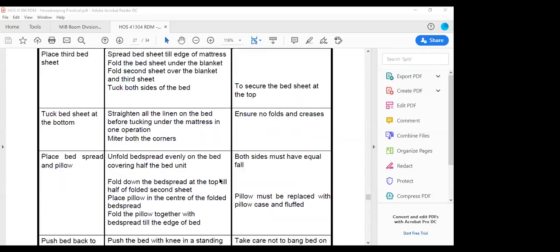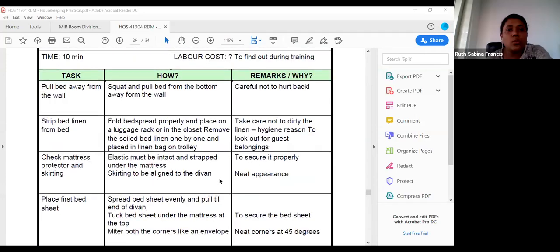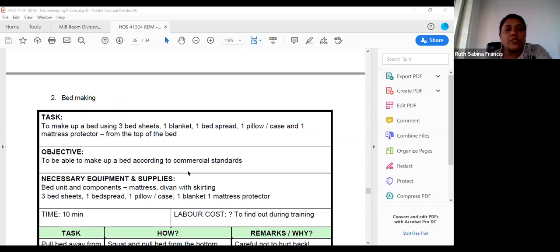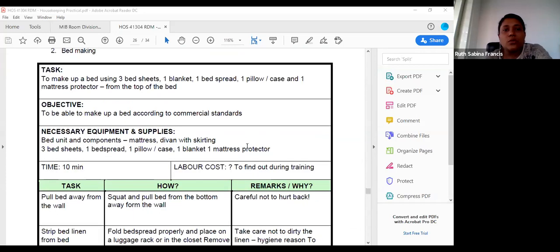Yeah, so this is how you will be explaining, for example, the bed making. When you have a task, you will first of all have to identify the main task, right?